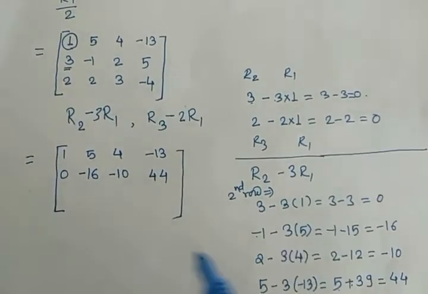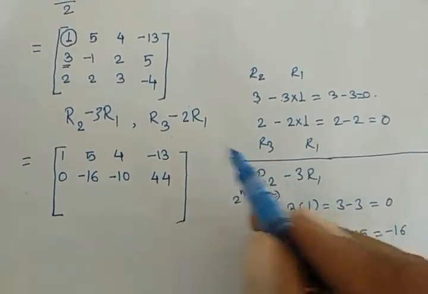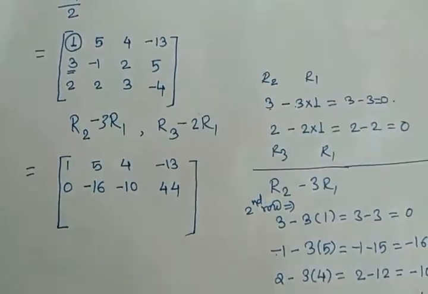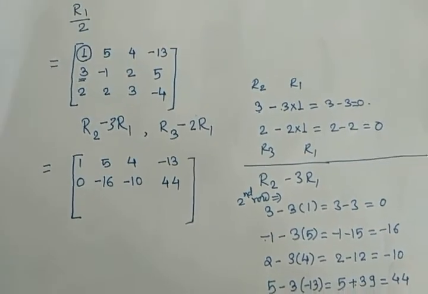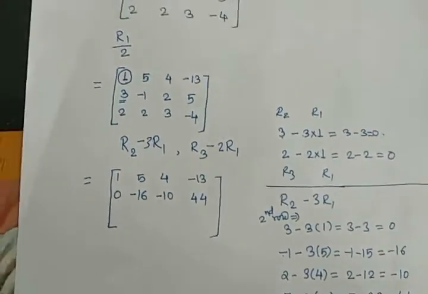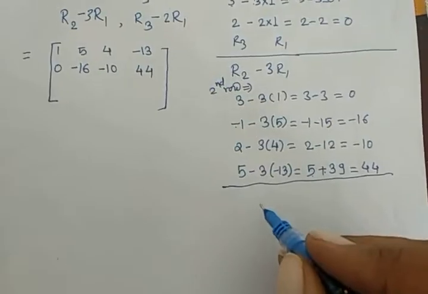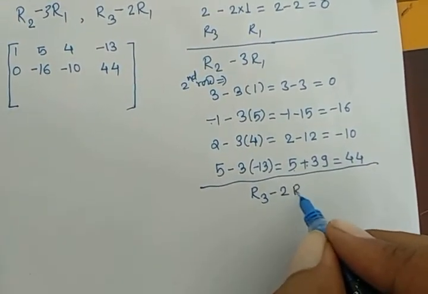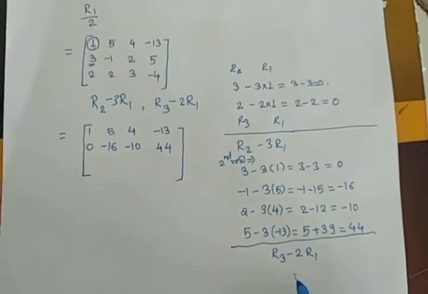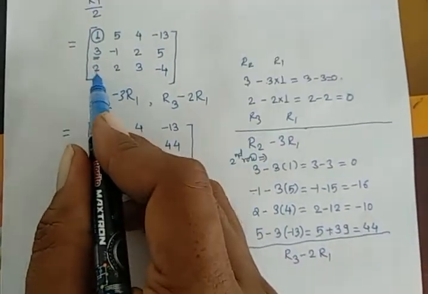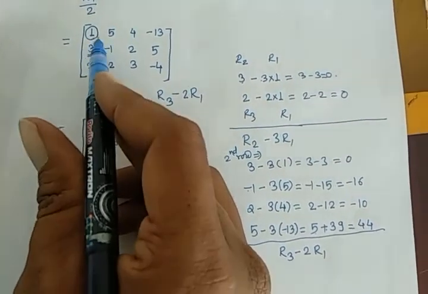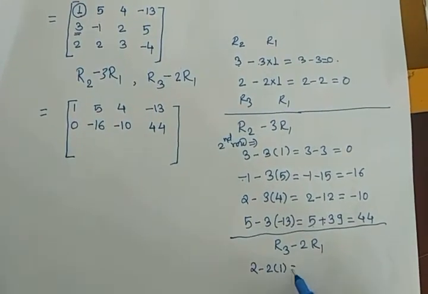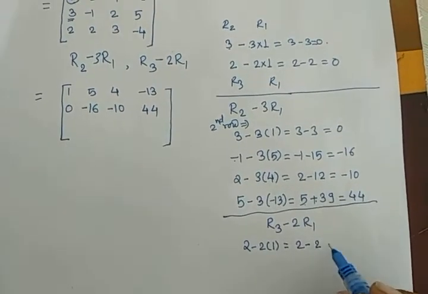Now the same will be applied for the third row. For the third row, the row operation is R3 minus 2R1. First check here for the third row, it is 2 minus 2 into 1, which is equal to 2 minus 2 equal to 0.